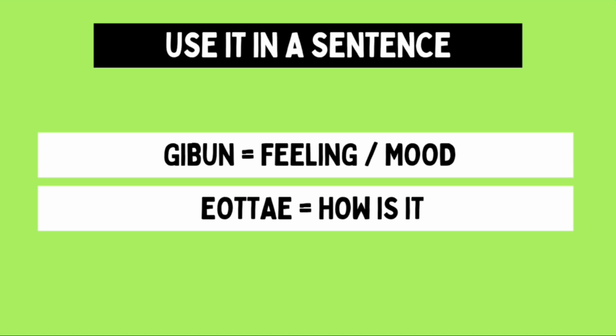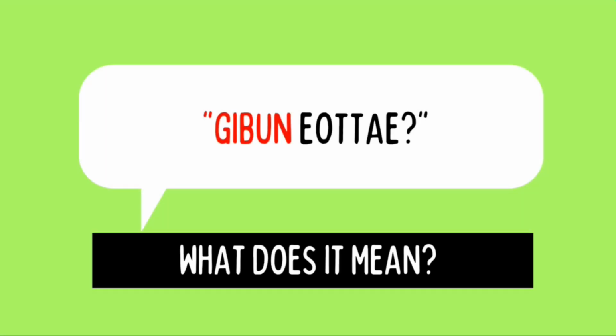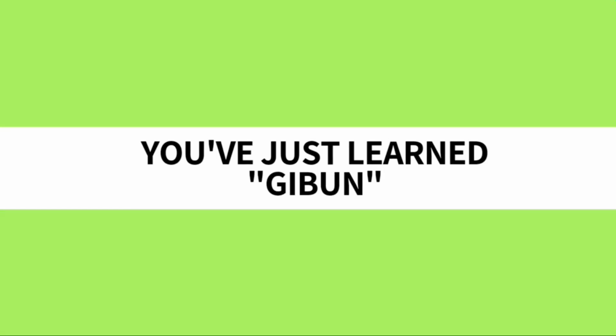So, GIBUN 어때 can be used to ask, how do you feel? We already know by now that the meaning of GIBUN 어때 is, how do you feel? And with that, you've just learned GIBUN.